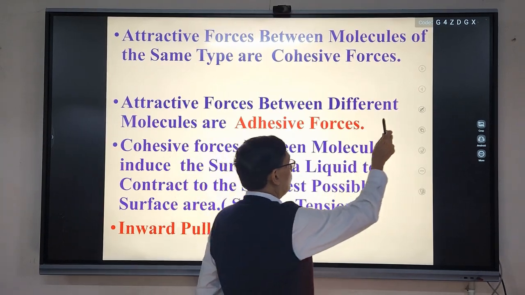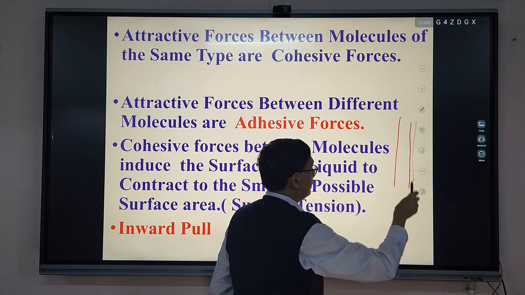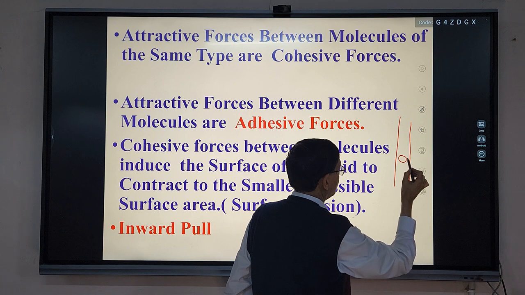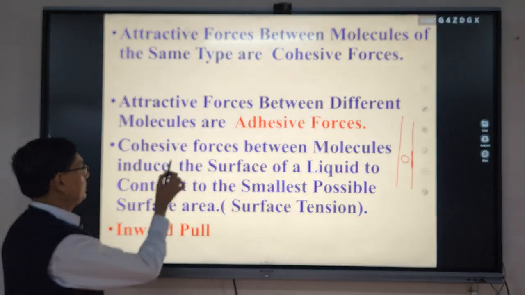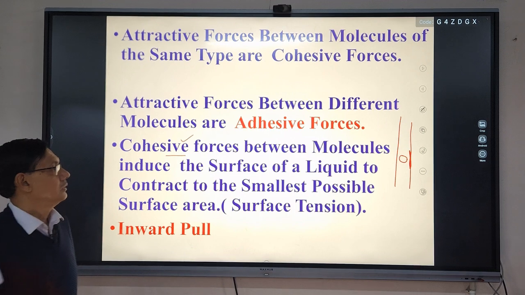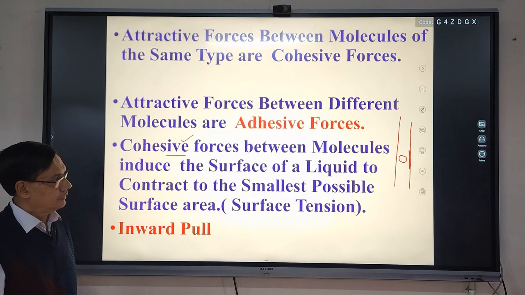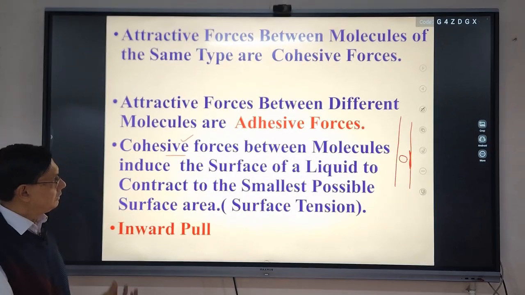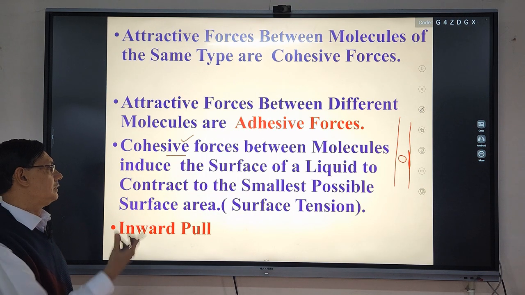Like this is a tube, and suppose there is a water molecule, so the attraction between this water molecule and this glass tube is adhesive. Whereas a cohesive force is between molecules of the same type, water and water molecules, and this cohesive force induces the surface of the liquid to contract to the smallest possible surface area.